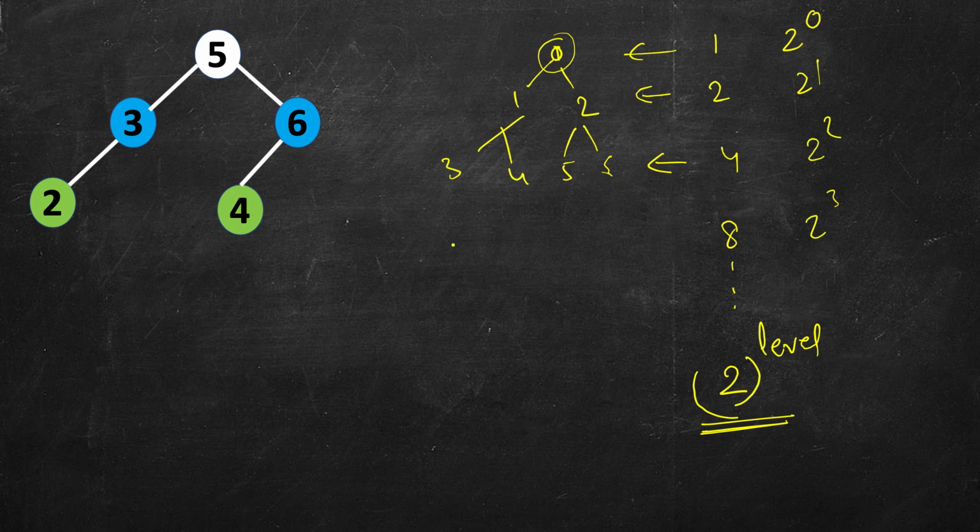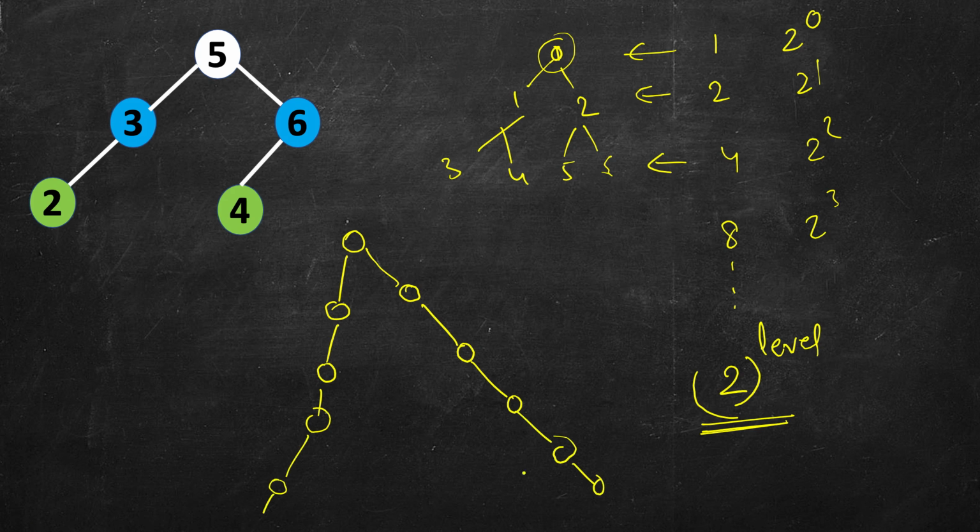So with a small number of nodes, even if we have a sparse tree like this, we are checking for left and right. Let's say we have something like this. It's not increasing, but we have just 2 nodes at each level. But this is the leftmost node and these are the rightmost nodes.